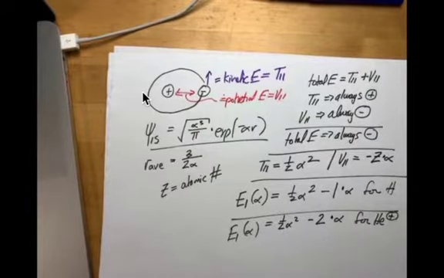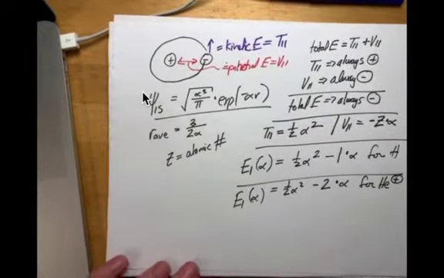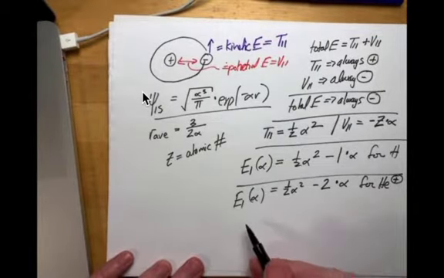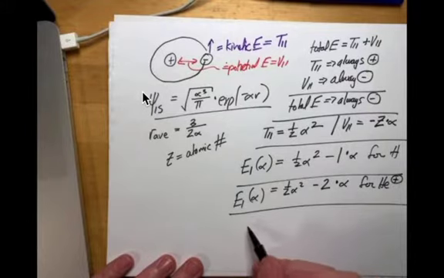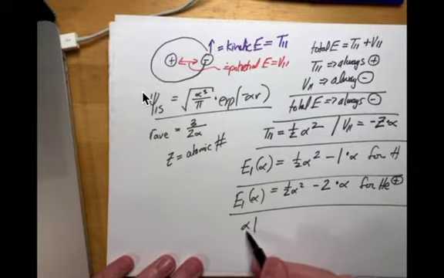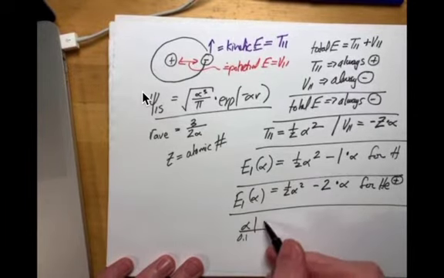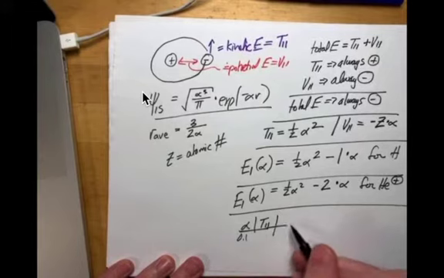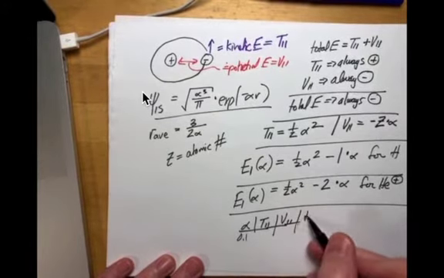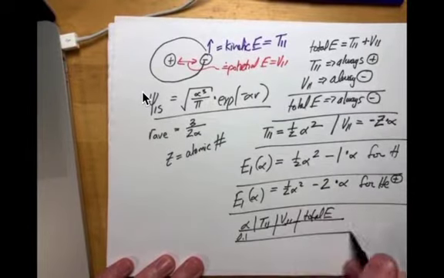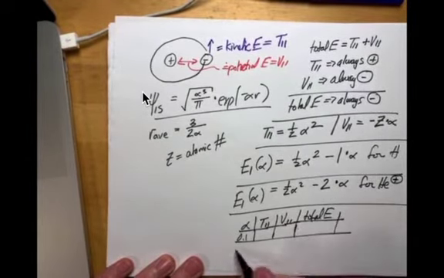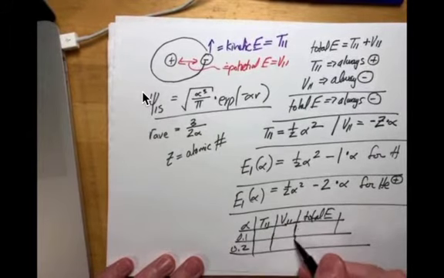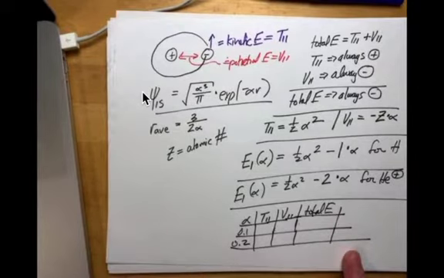But the main thing that I would like for you guys to get out of this is to put together, and I may end up asking you to do this for homework, but this is something that's worth you sitting down and doing: alpha, T11, V11, the total energy, and doing this for a few different spots in order to find what the minimum energy is, because it's really interesting to see how there's a sweet spot where you get the best balance between the positive T11 and the negative V11.